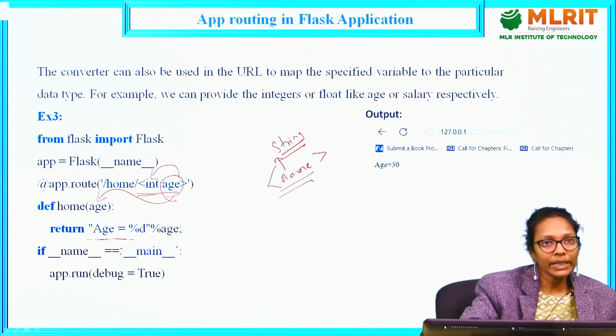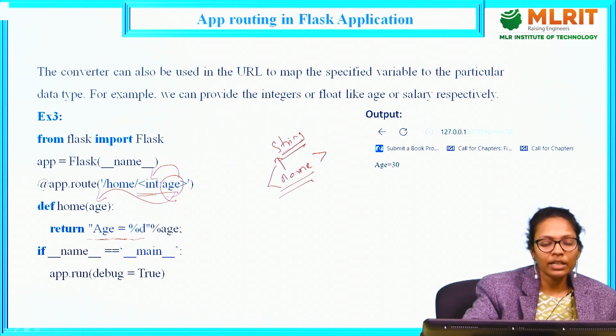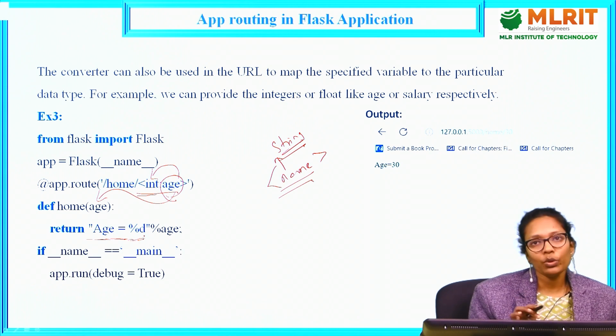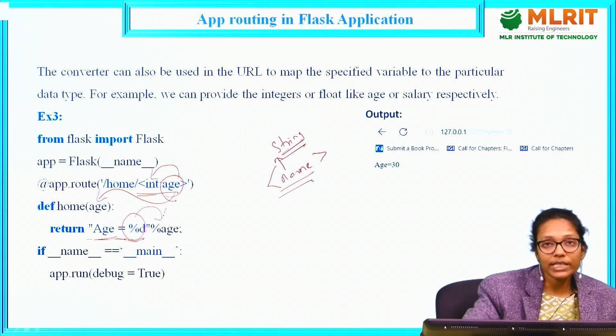This one I'm printing. While printing, if it is an integer or double or any other data type, you have to mention the percent format specifier. If it is a string, you don't need to mention that. Age is equal to, it is integer type, so I need to specify percent d, and after closing the quotes, you need to mention what this percent d indicates. This percent d indicates percent age.